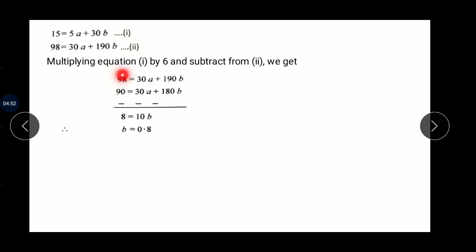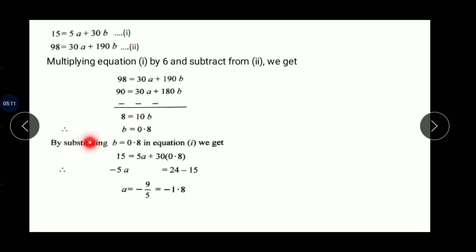We'll write equation 2 first and then subtract this from it. So 98 minus 90 gives 8, 30a minus 30a will be 0, and from here we get 10b. So we get the value of b as 0.8.